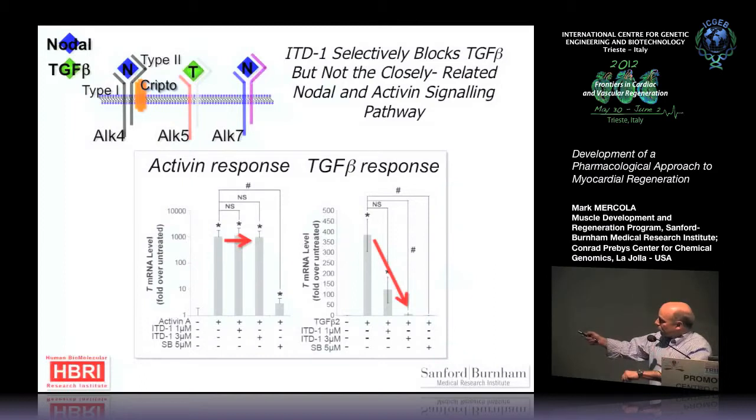And this complex signals then through SMAD proteins into the cell. And we noticed with the compound that we'll now call inhibitor of TGF-beta receptor degradation, or ITD1, that it selectively inhibits a response to TGF-beta, but it has no effect on a response to activin, which signals through a slightly different receptor complex, but structurally very similar.